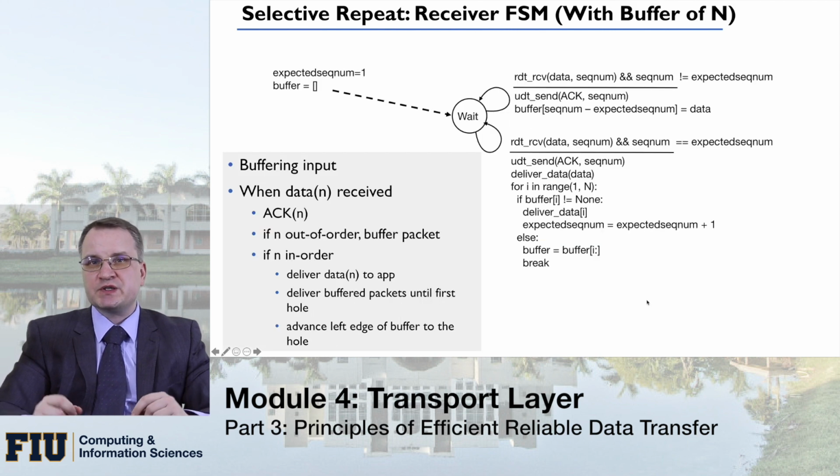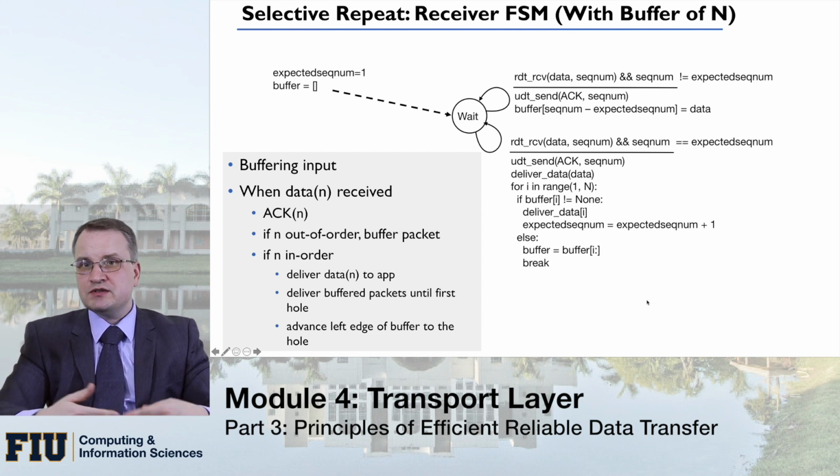For the receiver, the picture is quite a bit different. Unlike the previous example where we had very simple logic for receiving data packets in order and out of order, in this case, if you receive a packet out of order, you have to buffer it. And if you receive one in order, you have to check whether the packet fills the hole that was left.